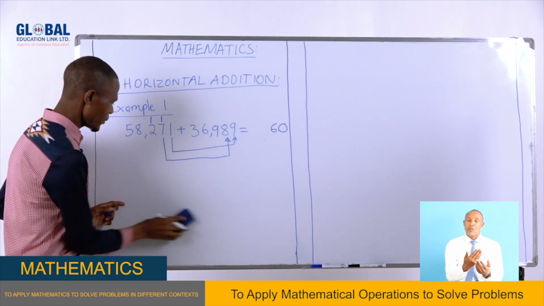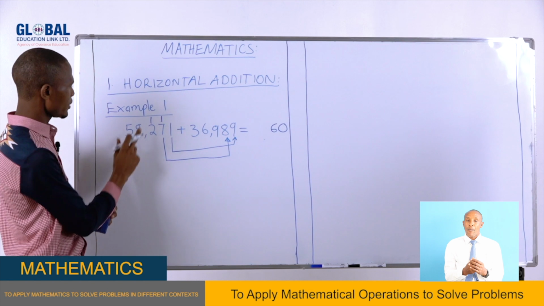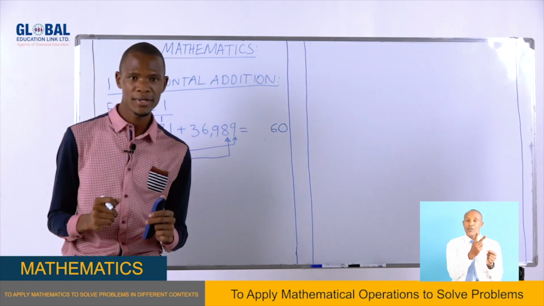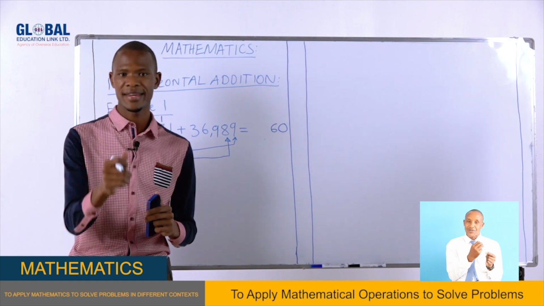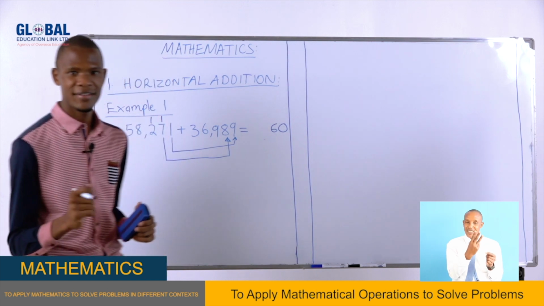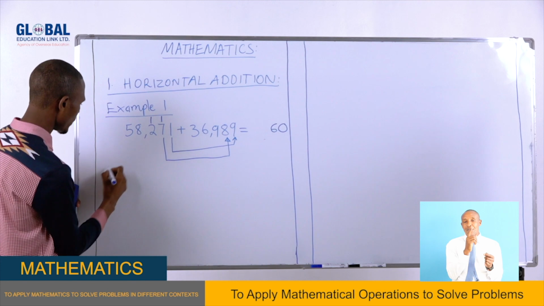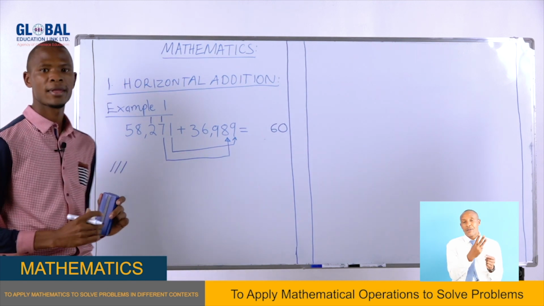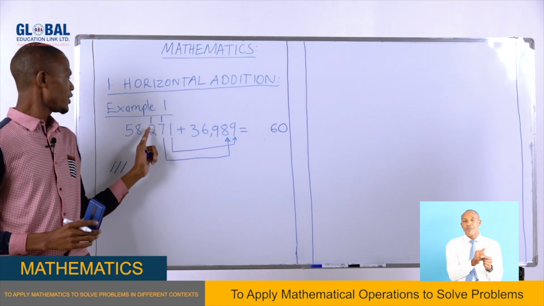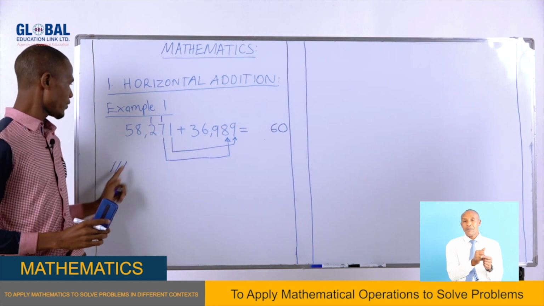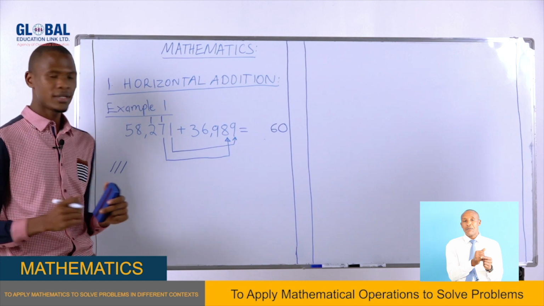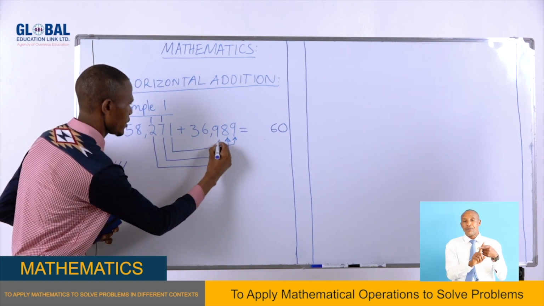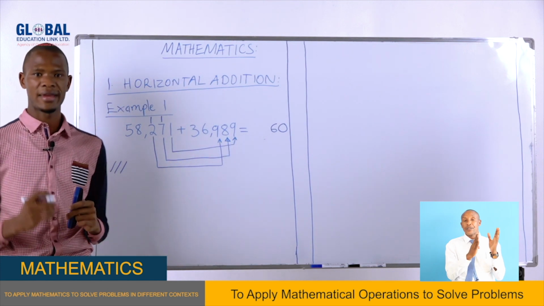Now, here we have 1 plus 2. 1 plus 2, pupils? Yes, very good. It is 3. So here we count 3 tallies. 1, 2, 3. The sum of these two, 1 and 2, which makes 3, should be added with 9.